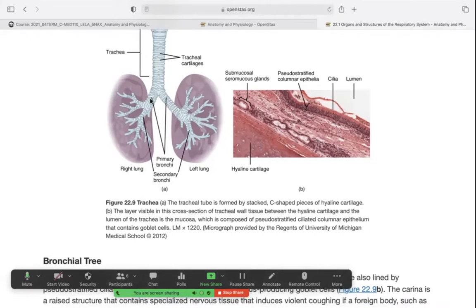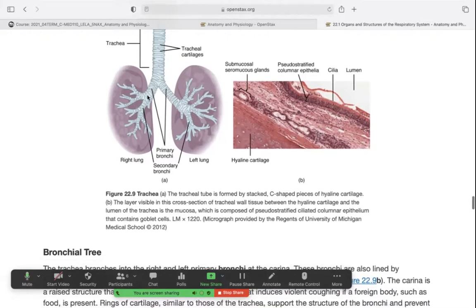Now, you could see also that your bronchus starts progressively getting smaller and smaller, like the branches on a tree. As they go smaller and smaller, the cartilage on the bronchus gets replaced by smooth muscle. And remember, what do we know about smooth muscle? It is not controllable. I can't say to my lungs, stop breathing right now.